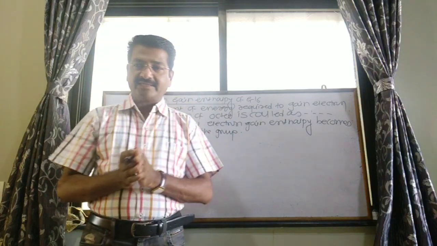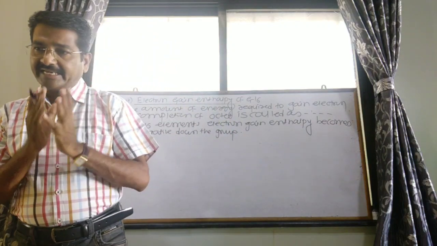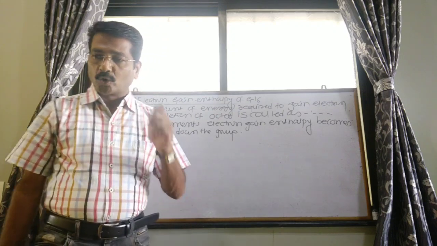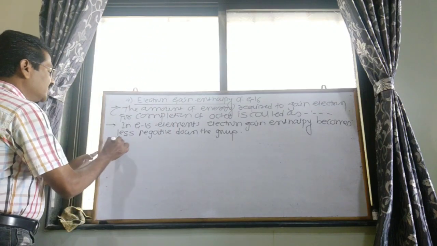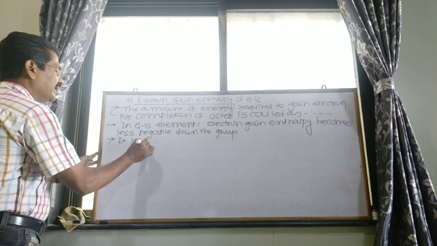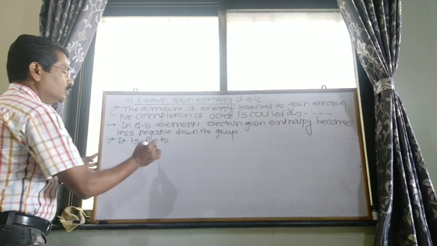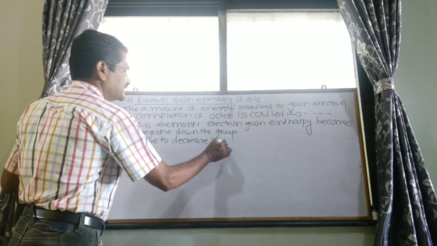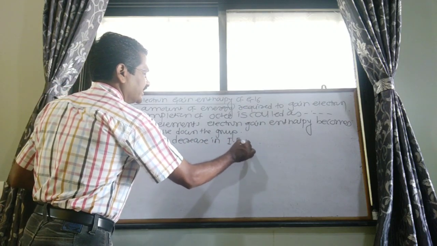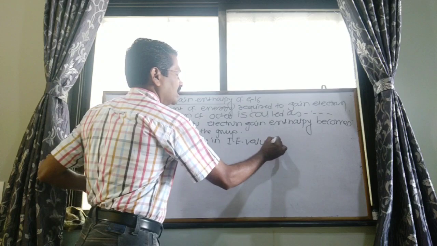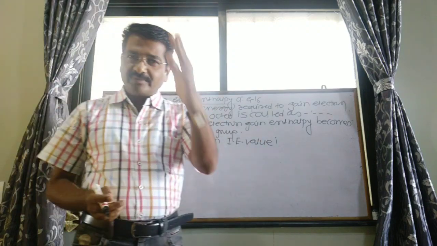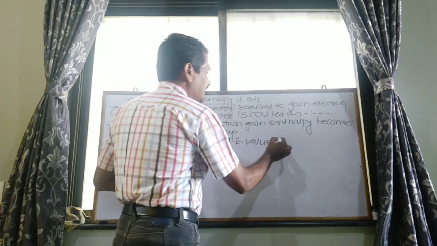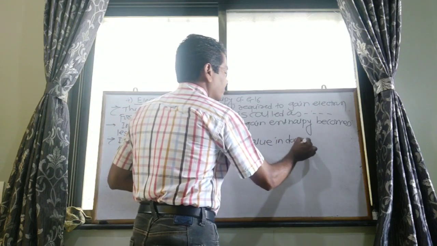In the 16 elements, the electron gain enthalpy becomes less negative down the group. It is due to decrease in ionization enthalpy value down the group.